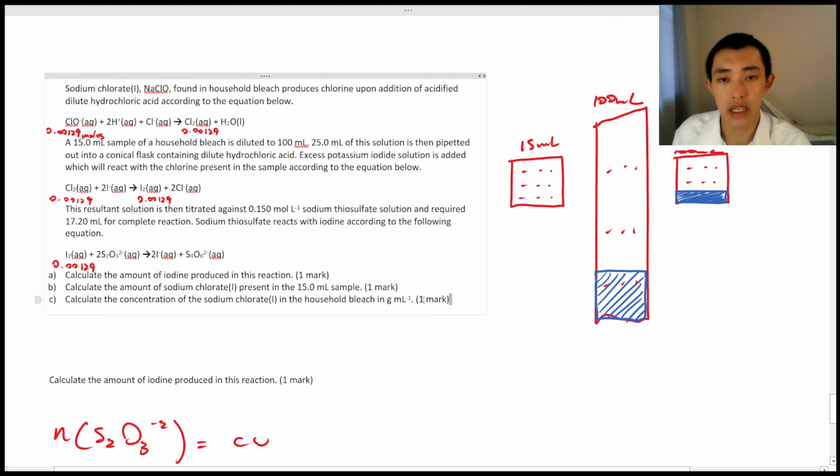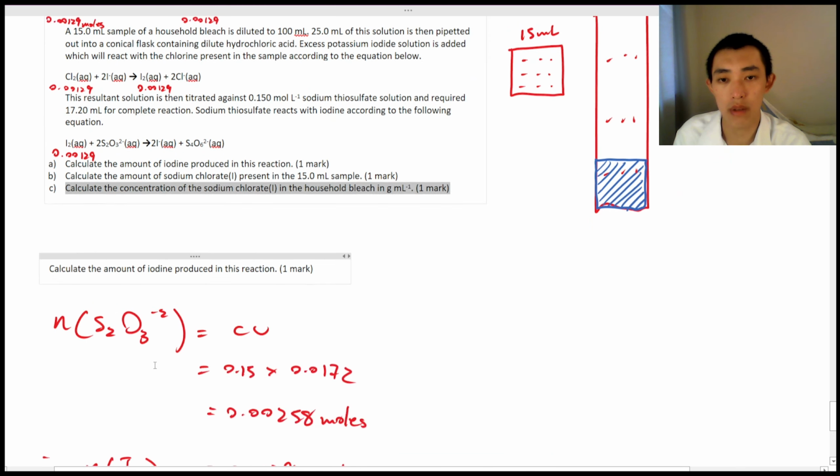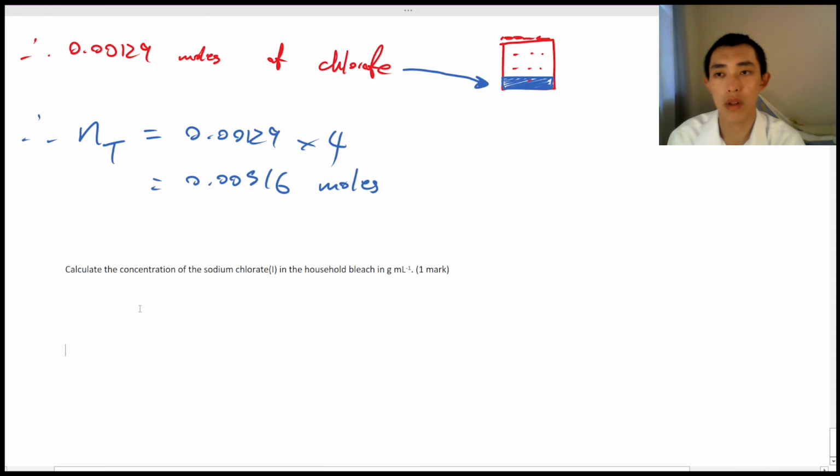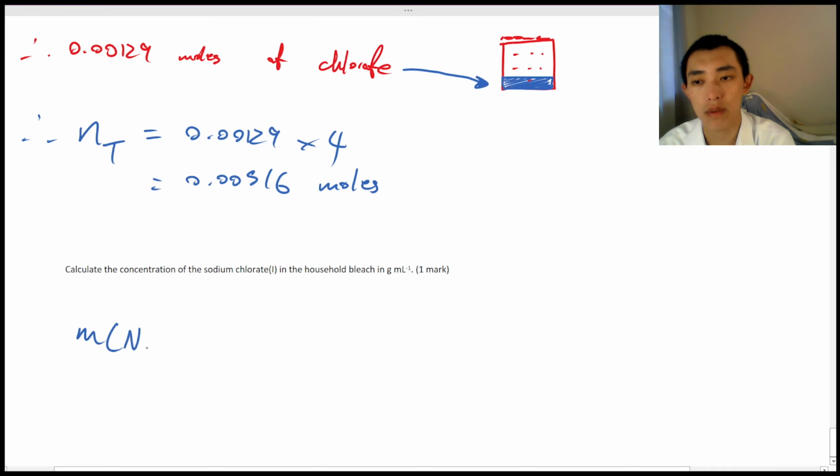And lastly, determine the concentration of sodium chlorate in grams per liter. Okay. So first of all, we need to figure out the molar mass. So we need to figure out the mass of sodium chlorate. And Hey Siri, what's the molar mass of sodium chlorate?